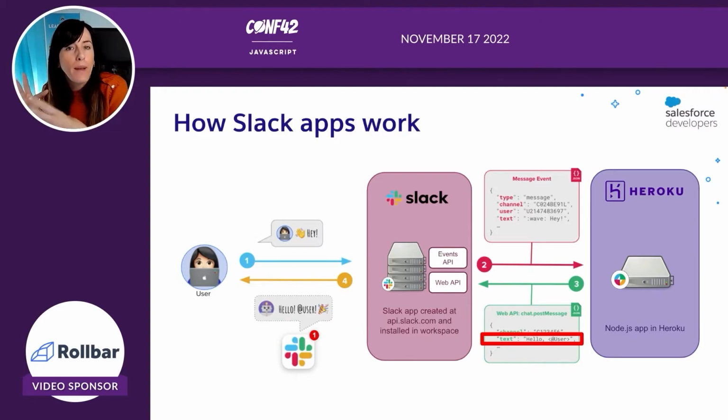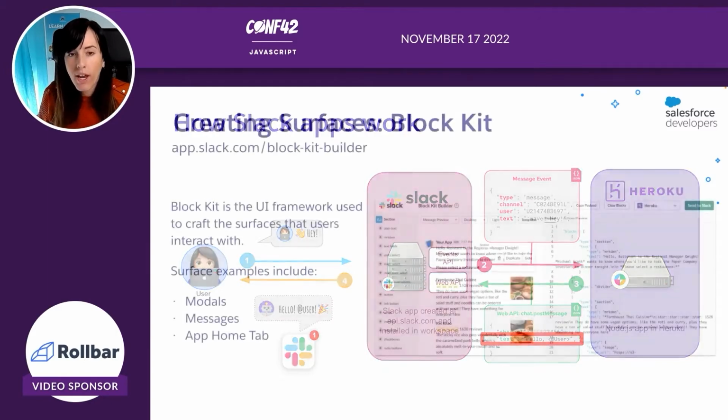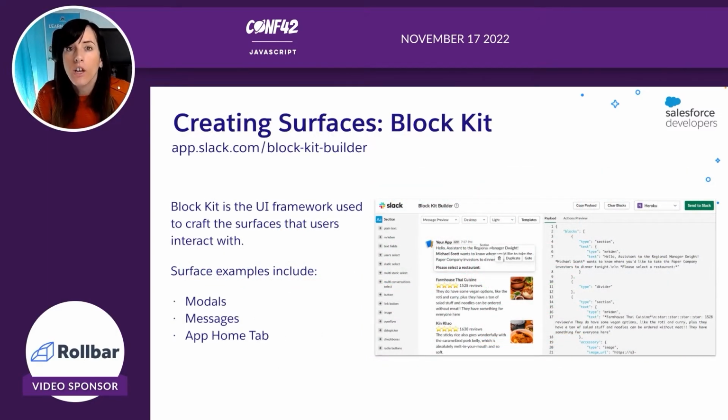You can use plain text, but also you can send more advanced surfaces, and you create those surfaces using something called Block Kit. Okay, so Block Kit is a framework to create UIs in Slack, and is a framework in which you can use JSON to define the different blocks that are part of a piece of UI.